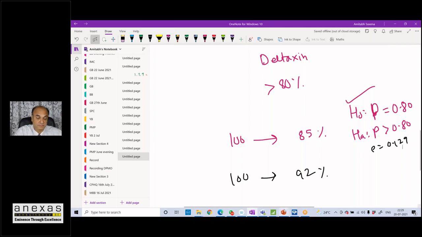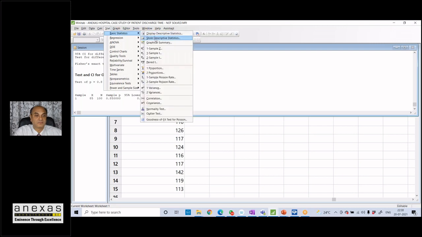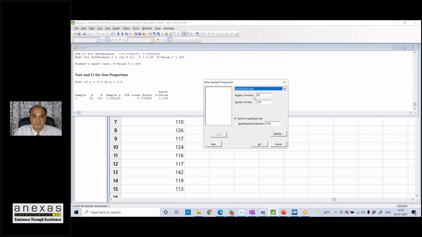Now again, government does a 1P test. Okay, let us see, one proportion test. I think you can also do it if you want. Now it is 92. Let us keep our fingers crossed.